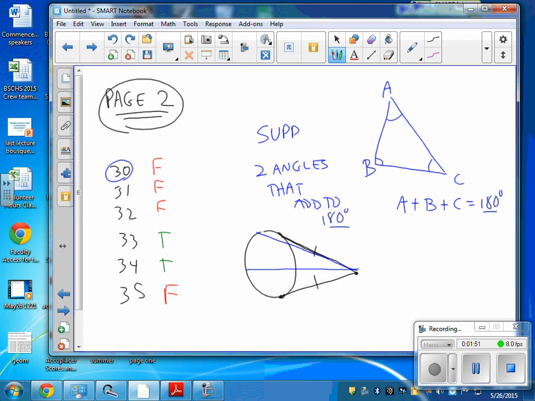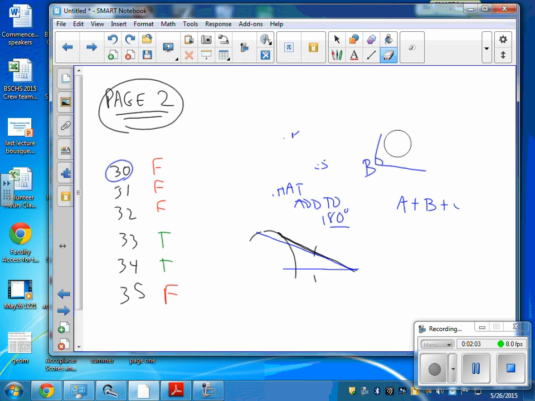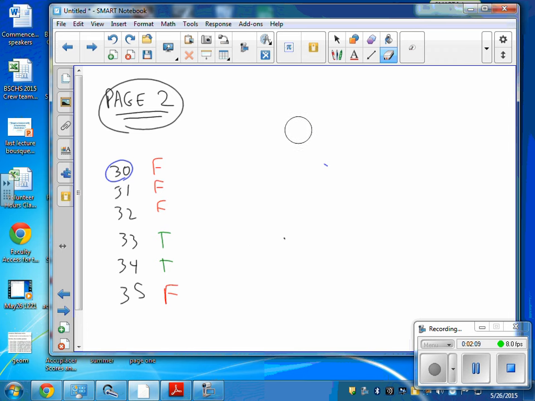Number 32, corresponding angles of similar triangles have the same ratio as the corresponding sides. This is also false. Similar triangles simply mean the same shape. And in fact, one of the characteristics of all similar figures is the corresponding angles have to be exactly the same.